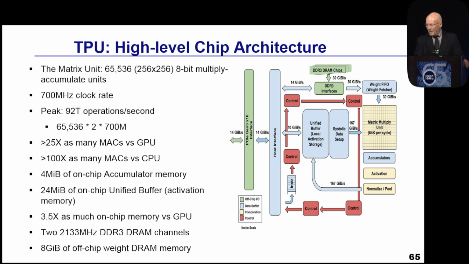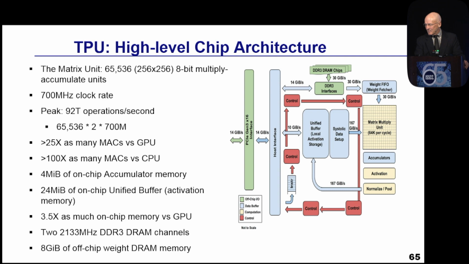The heart of that chip is the matrix multiply unit. That is 65,000 8-bit multiply accumulate units, which is kind of an amazing number. At a 700 megahertz clock rate, that's more than 90 trillion operations per second, and in terms of the MACs, like 25 to 100 is what other chips have.